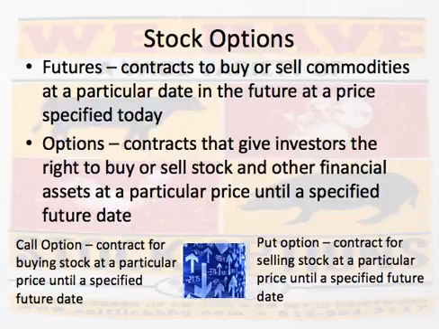Example, maybe wheat. Their hope is that they can lock into a price today that's very cheap, and then hopefully 6 to 12 months from now, they'll be able to flip around and sell it right away. Options is the same thing, but this one's more selling stocks and other financial assets.